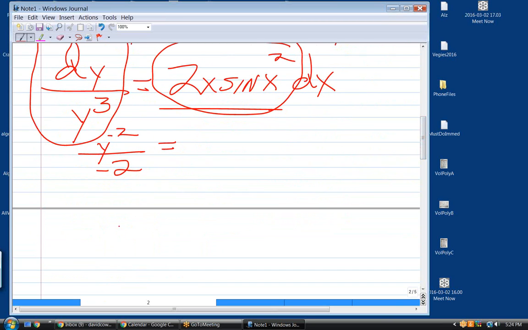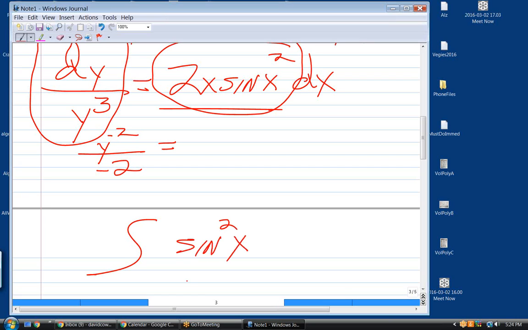Let's go over it. In fact, let's do these two problems right here. What you want when you're using U substitution is that sine of x squared is being multiplied by 2x, right?